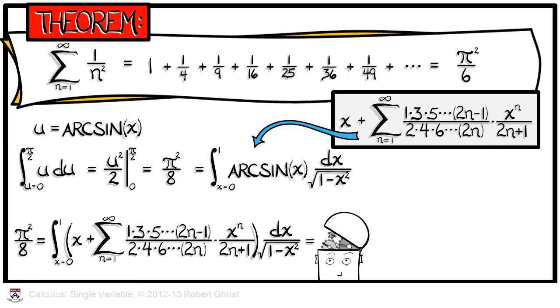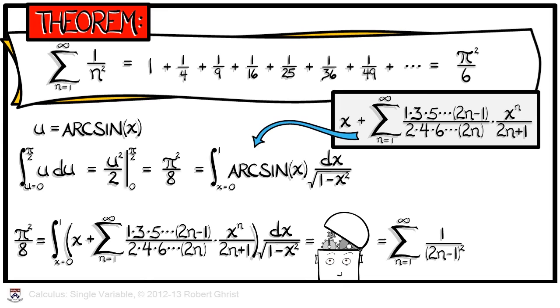I'm not going to show you all of those steps. It wouldn't exactly fit on this slide, but trust me that when you do so, you will get, after a lot of simplification, the sum as n goes from 1 to infinity of 1 over quantity 2n minus 1 squared.